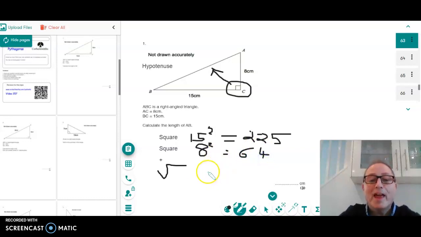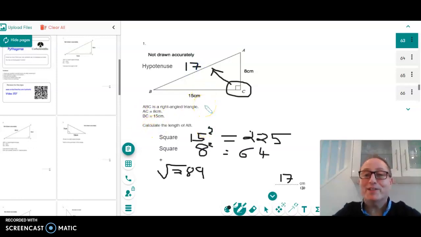And now we're going to add these two together, and we get 289. And then we square root that, and the answer is 17 centimeters. So we can write 17 here. So now we have calculated that AB is 17 centimeters.